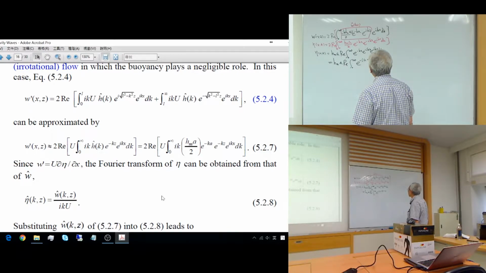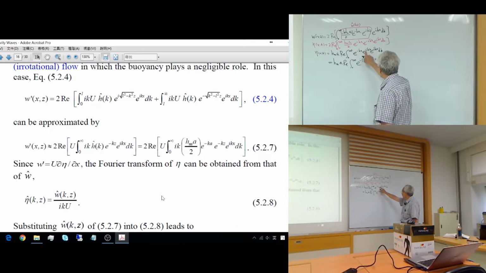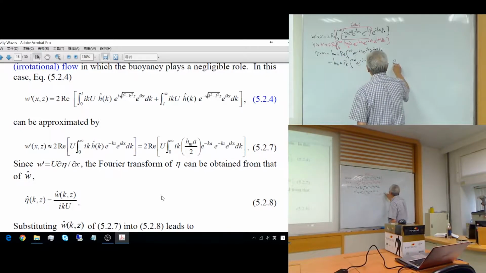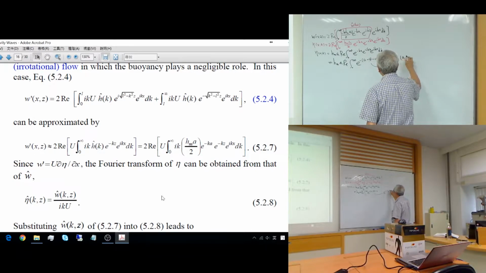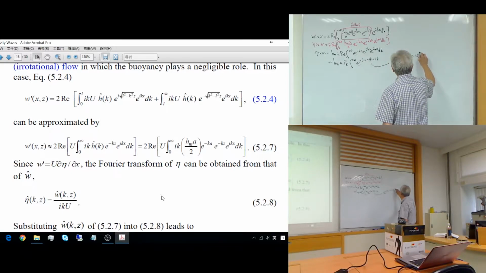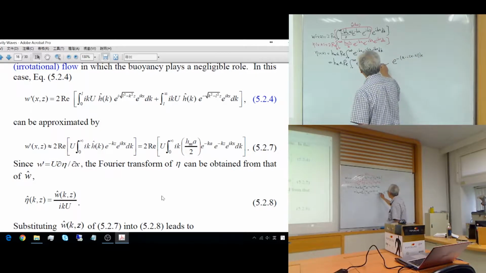Minus k times ig, this ig negative out, and this k out will be minus ix. So this is equal to e to the minus a minus ix minus g, times k, and then dk.